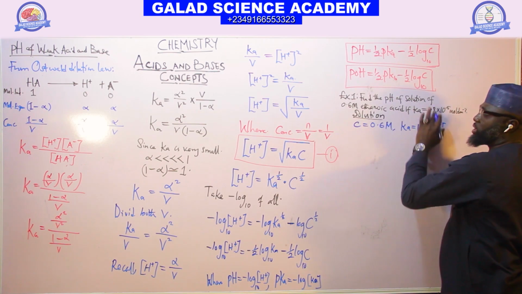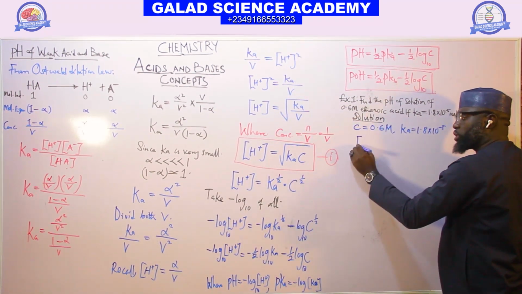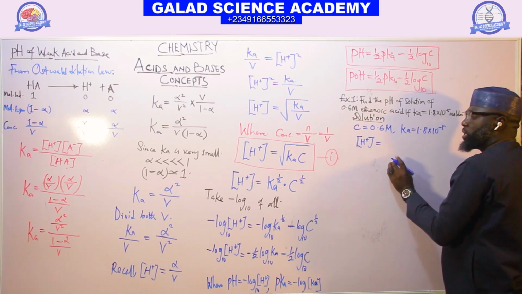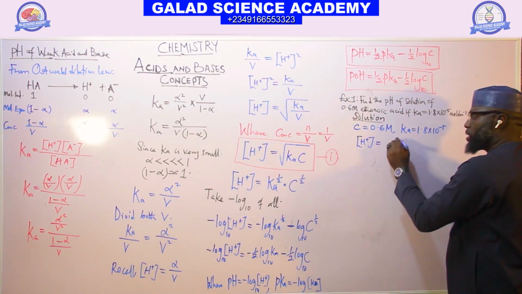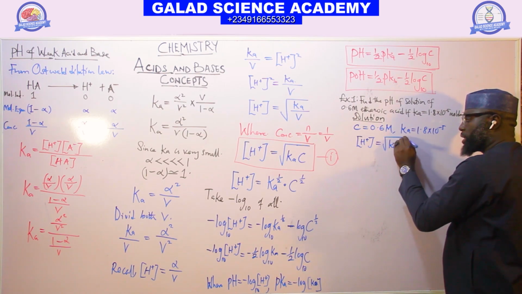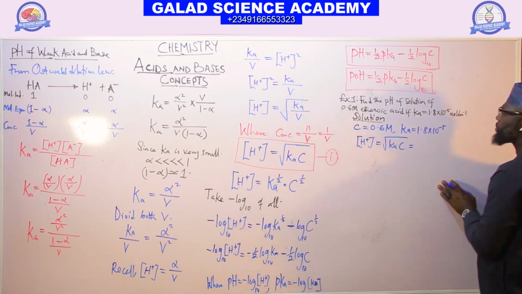The concentration of hydrogen ion. We don't know it. So the concentration of hydrogen ion is from this: square root of KaC. So what will be the hydrogen ion now?